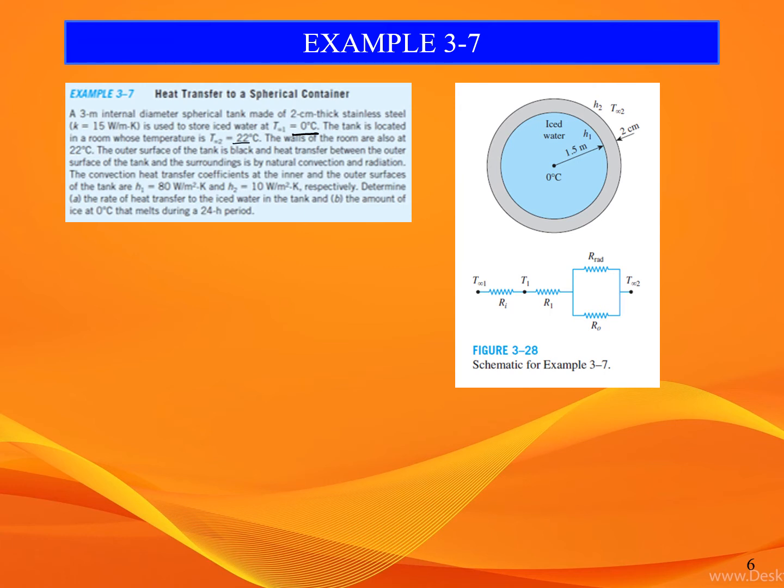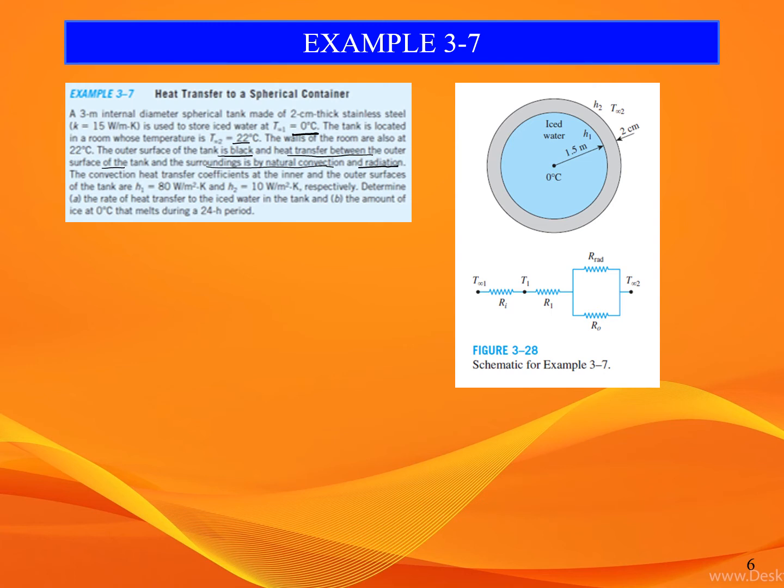The walls of the room are also at 22 degrees Celsius. The outer surface of the tank is black, and heat transfer between the outer surface of the tank and the surrounding is by natural convection and radiation. So here we need to consider the radiation, and also mention there is a natural convection.